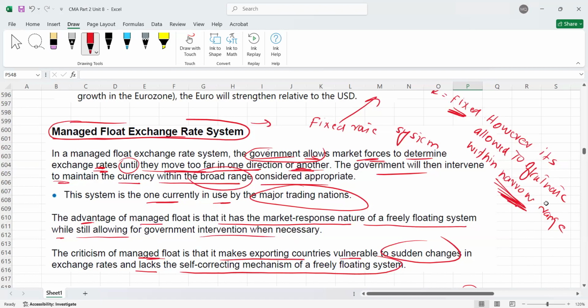It means the range was wider. If the exchange rates are within the range, no problem. The government will not intervene. Demand and supply will work. But if the rates try to go beyond the ranges, then the government will intervene, right? And here it was a bit of a broad range. This is managed float.